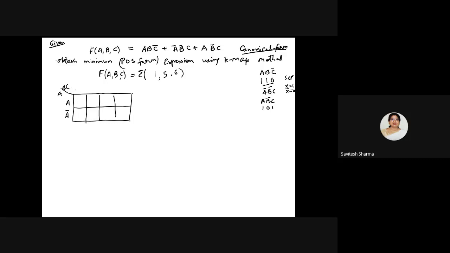Earlier for the SOP form I was writing B complement C complement, but this time I will write the dual, B plus C. Earlier I was writing B complement C, but this time I will write B plus C complement. This time I am writing the dual, you see, since I need a POS form.